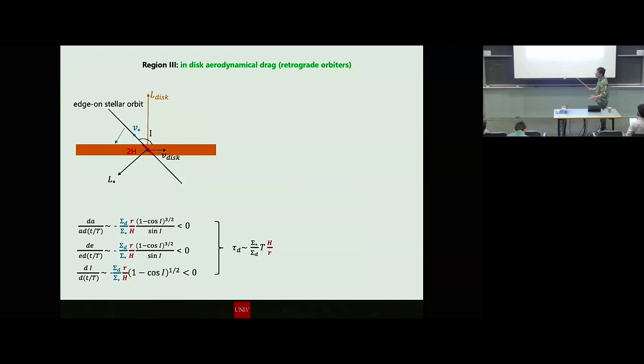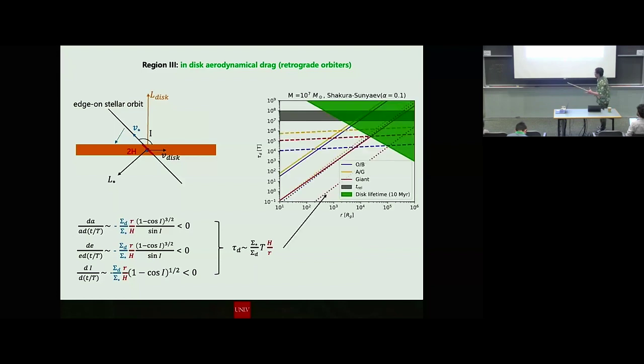So the fully embedded retrograde orbiters will have their semi-major axis and eccentricity damped, and inclination is not important because it is already fully embedded. Much faster, and if you compare the time scale of the fully embedded case in region 3, it would be much shorter than the disk capture time scale.